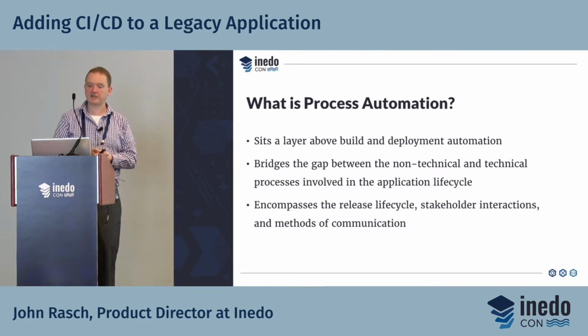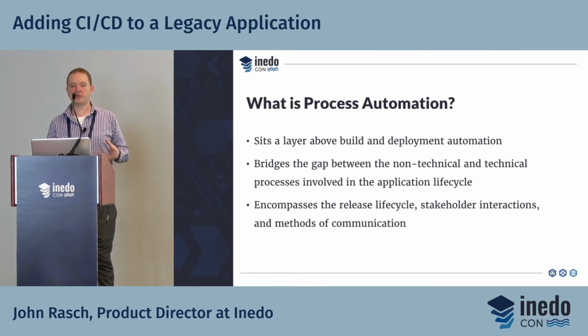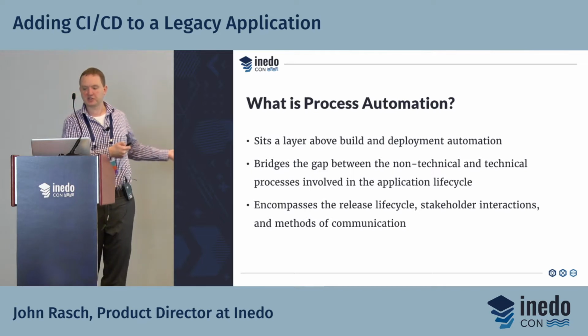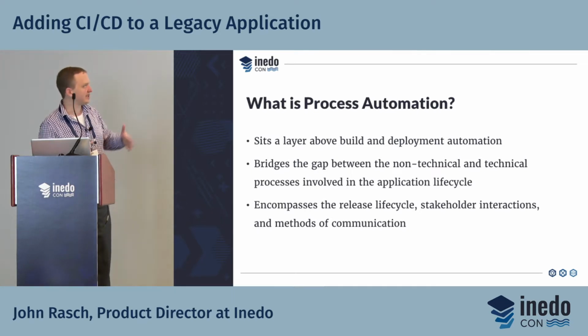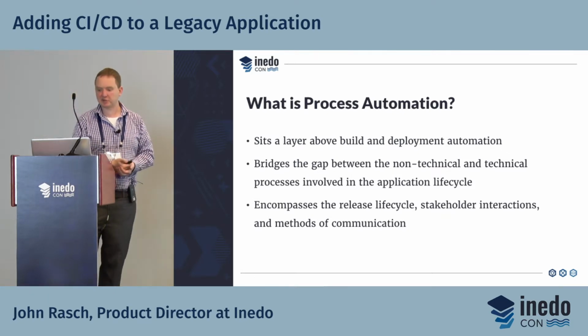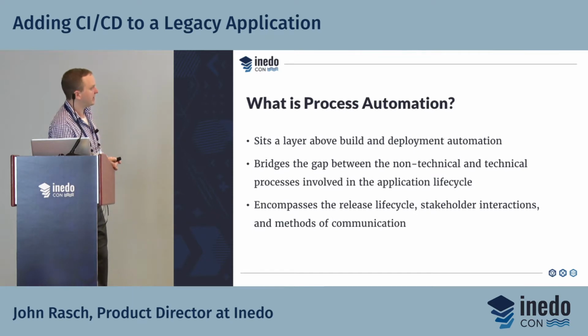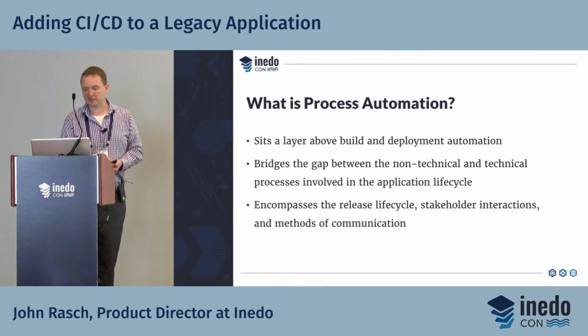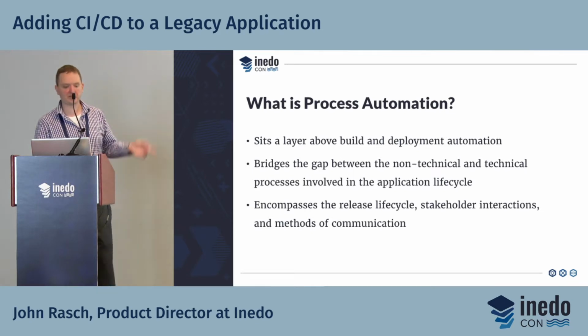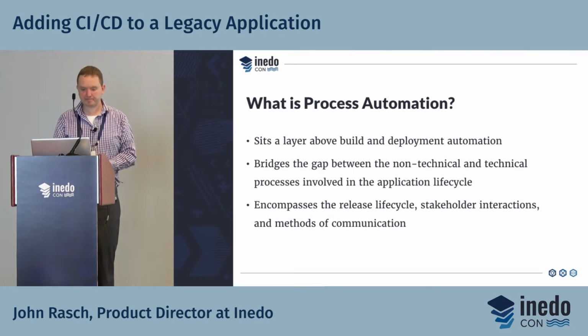Well, once automated, for example, you could run this deployment plan against these servers. Who decides what those servers are or when they're allowed? That is a higher level above the CI/CD process itself. It encompasses the release lifecycle, stakeholder interactions, and methods of communication. So all of that stuff is involved in process automation.